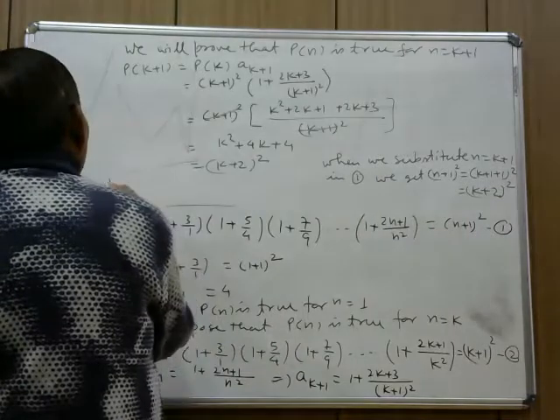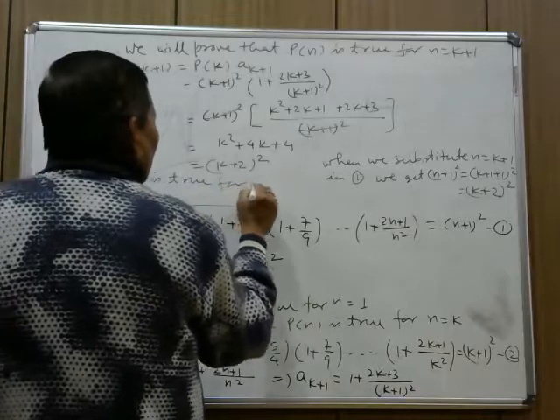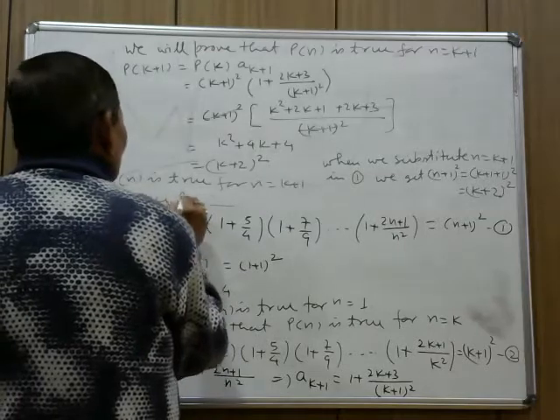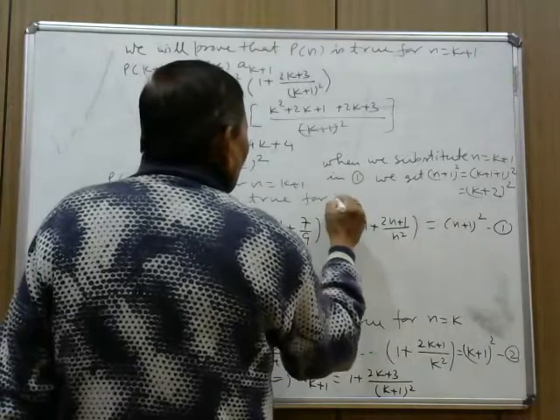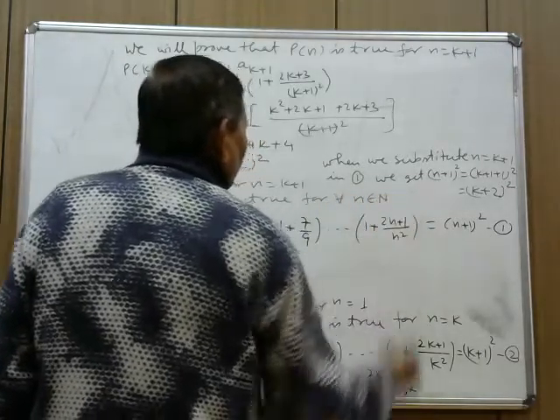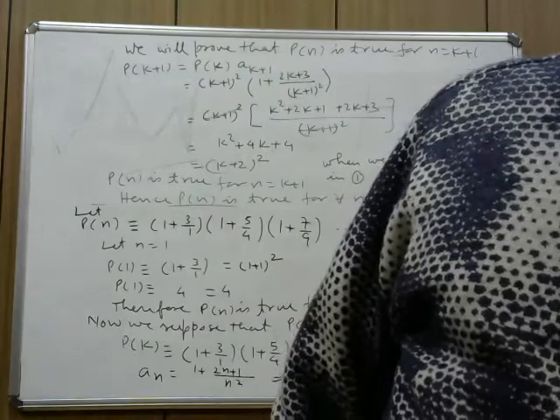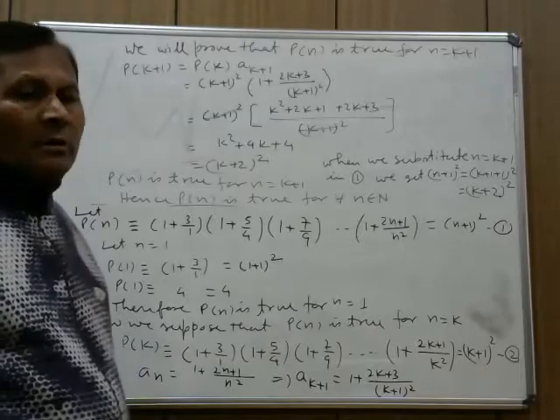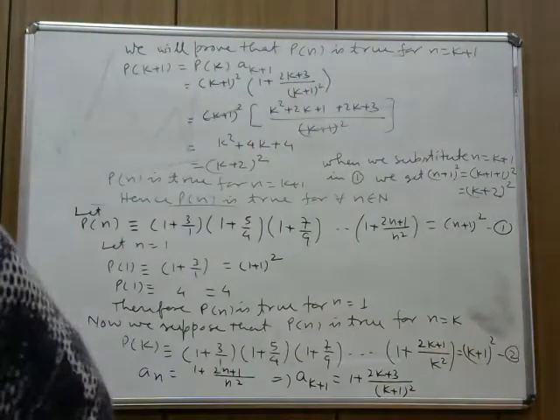This shows that Pn is true for n equals k plus 1, hence Pn is true for all n belonging to N. So in this way we prove this question: the product of the n terms of the given series is true, and it is done by the principle of mathematical induction. Now next question.